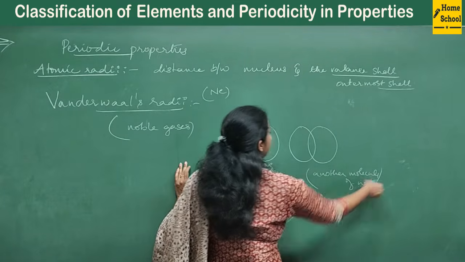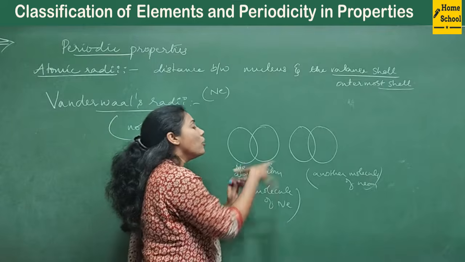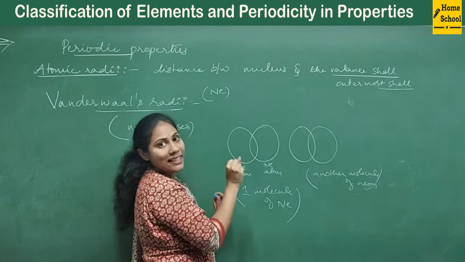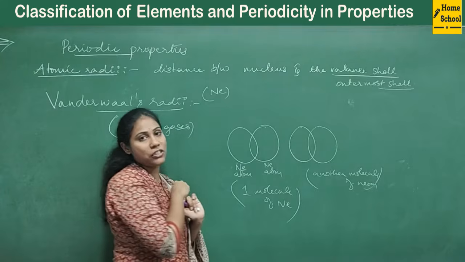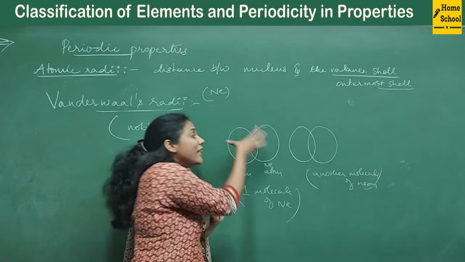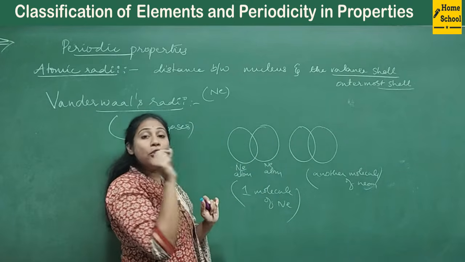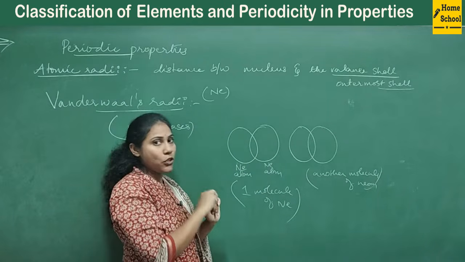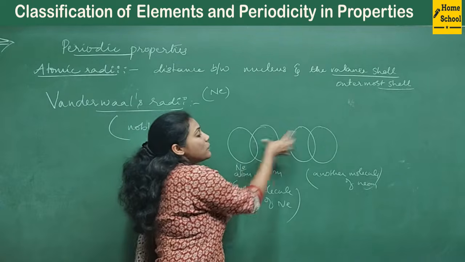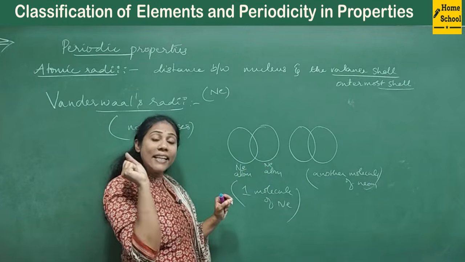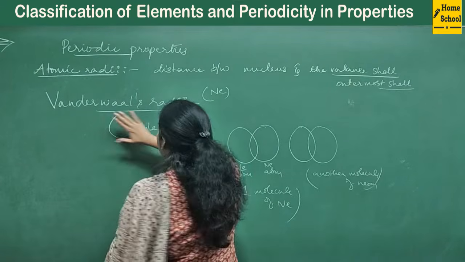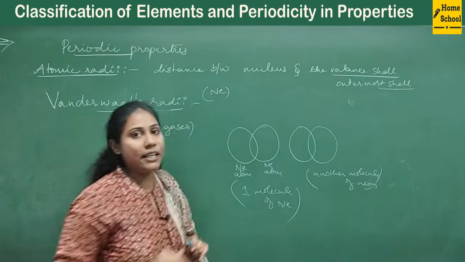Actually, there are certain attractions between them. We call those attractions van der Waals attractions. About the different attractions between atoms and molecules, you will study in the chapter States of Matter. As of now, understand that between this molecule and this molecule, there is a weak attractive force which we call van der Waals attraction.